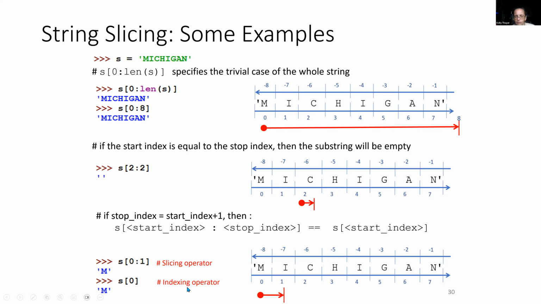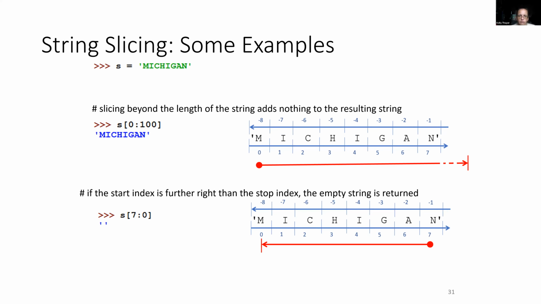You see that we get the same thing. So they're equivalent: S of the start index up to but not including the stop index is exactly equivalent to S of the start index when the stop index is just 1 greater.